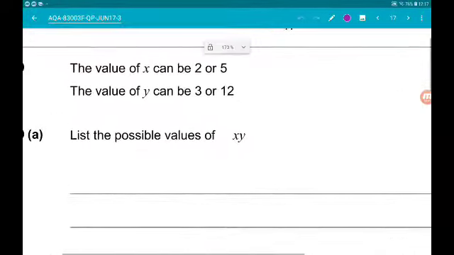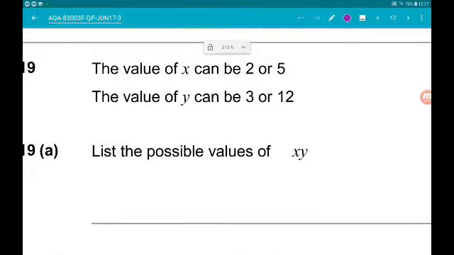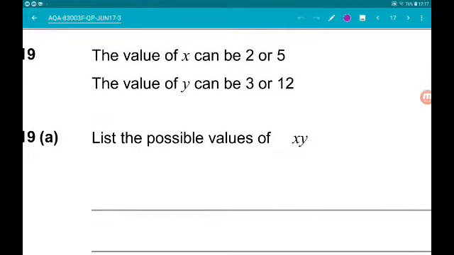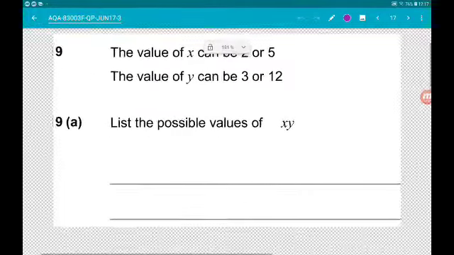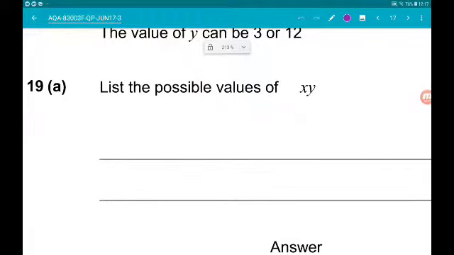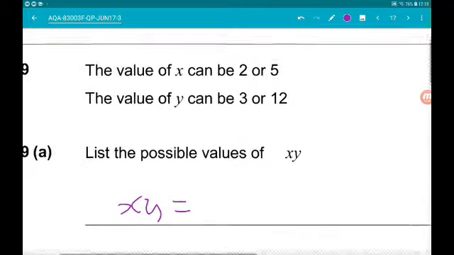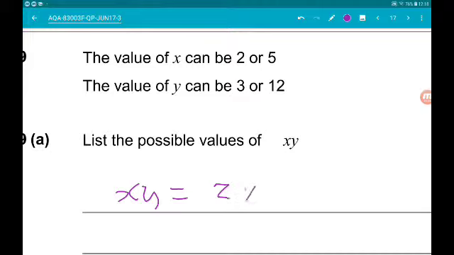Okay, number 19. The value of x can be 2 or 5. The value of y can be 3 or 12. List the possible values of xy. Okay, so xy could be 2 times 3, which is 6.